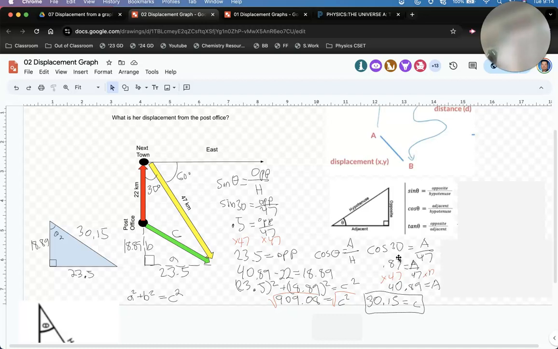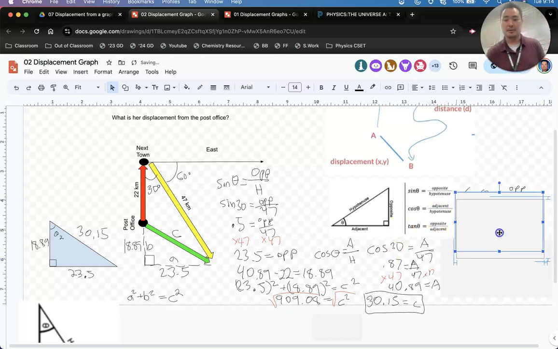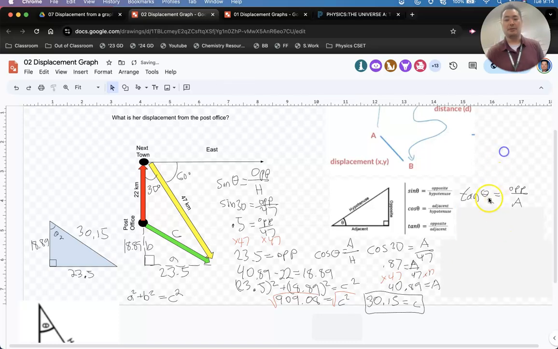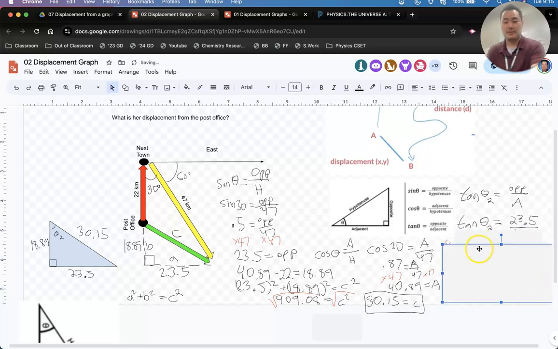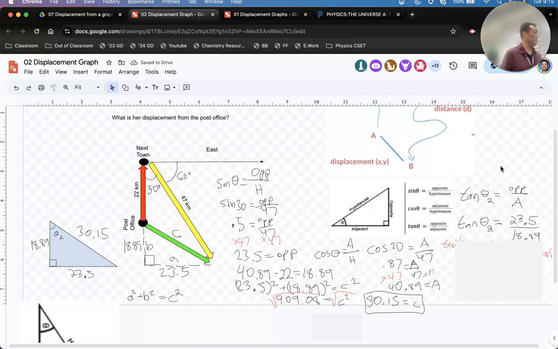Tan, or tangent. So we're going to rewrite tangent theta. And we'll put a little 2 at the bottom so that we know it's not the same theta as we used earlier. Right? We have theta 1 and theta 2. We're going to plug in opposite and adjacent. Good thing we solved for those two.